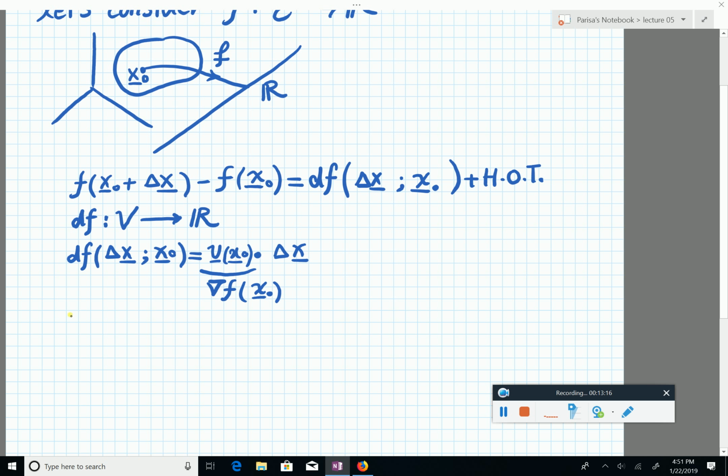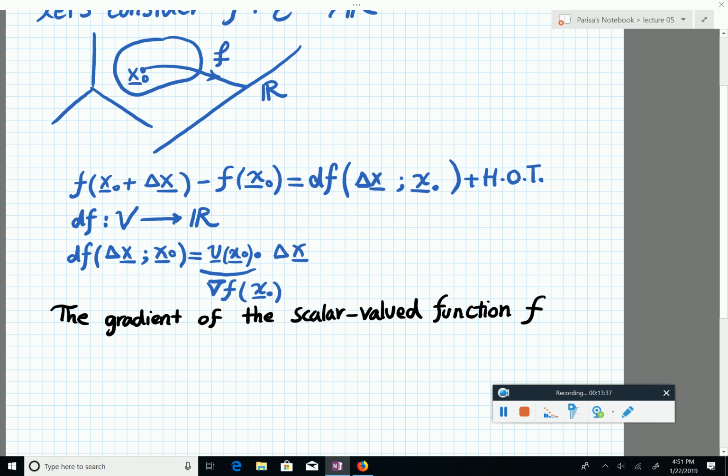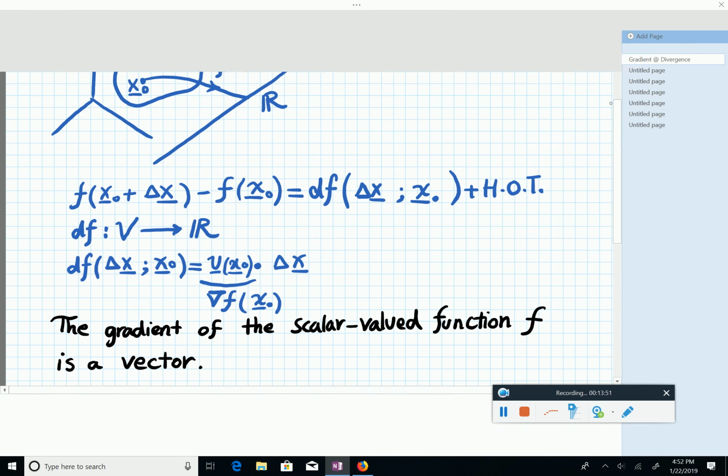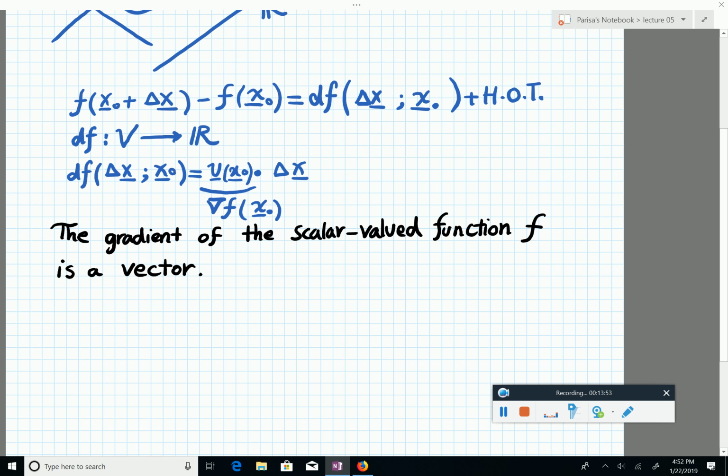So I just write that the gradient of the scalar valued function f is a vector. Okay, so I've been able to define gradient for you without even having told you anything about coordinate systems.